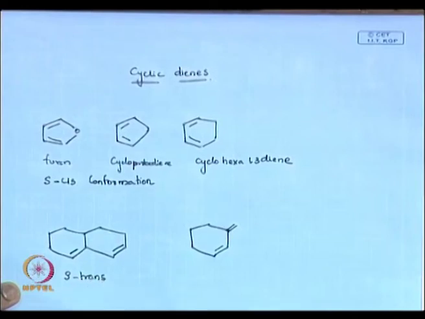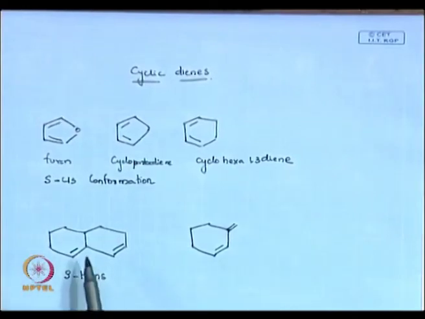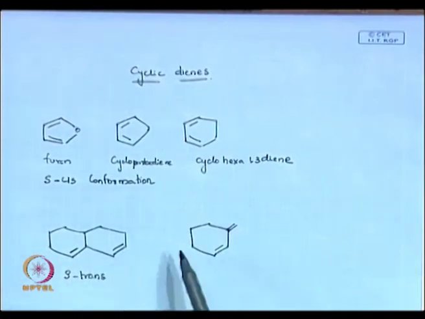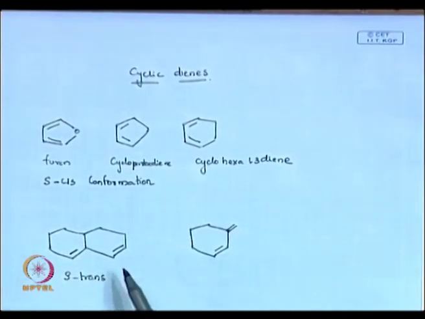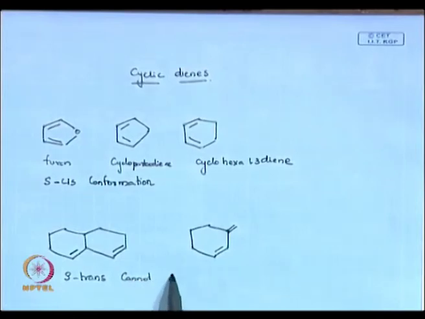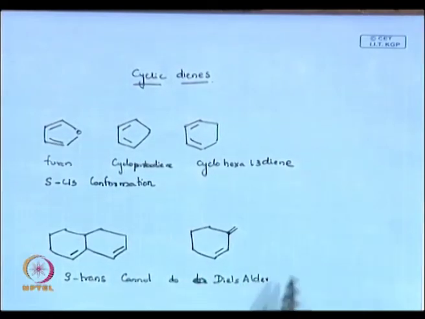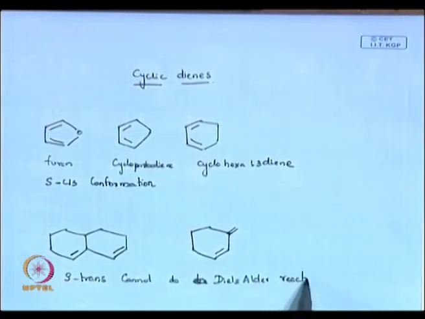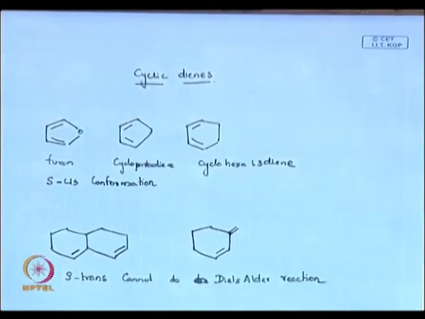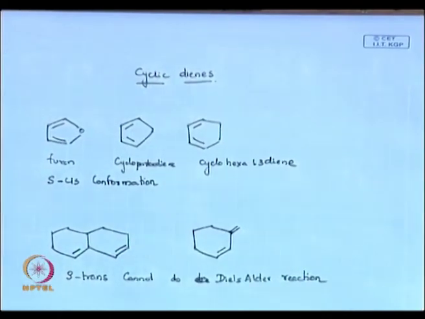These are S-trans, okay. If you look at their structure, they are locked in S-trans. So, they cannot do the Diels-Alder reaction. A very important part of your diene, okay.